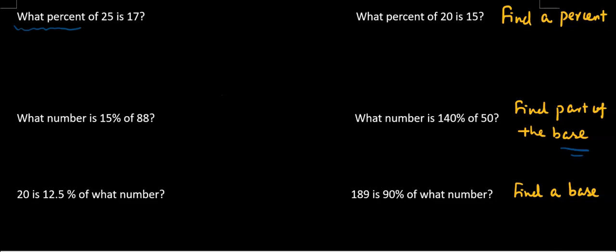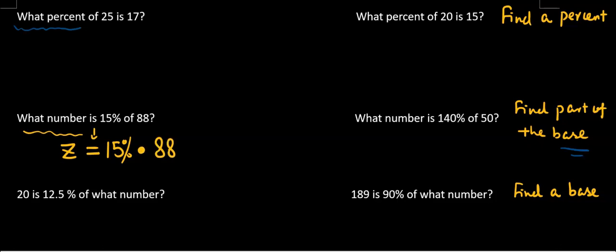Now, what number is 15% of 88? If you don't know this number, you just give it a variable. What number? We used X, Y, let's use Z. Z is 15% of 88, where of means multiplication.